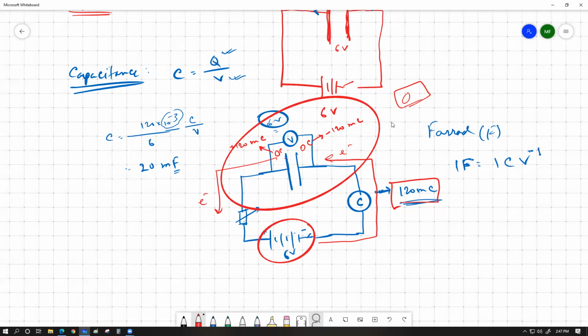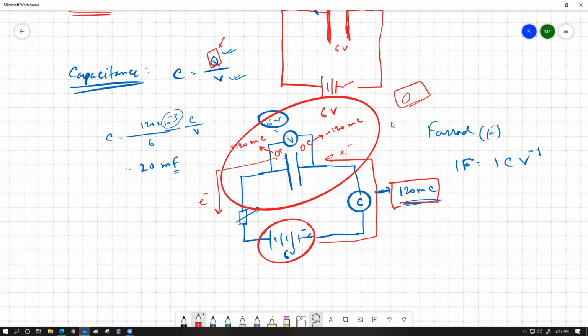Now, important bit. If that's the case, then how would we measure this Q? What would this Q actually mean? Specifically, this Q means the amount of charge stored in one of the plates of the capacitor. The total charge stored in both plates of a capacitor is always 0.